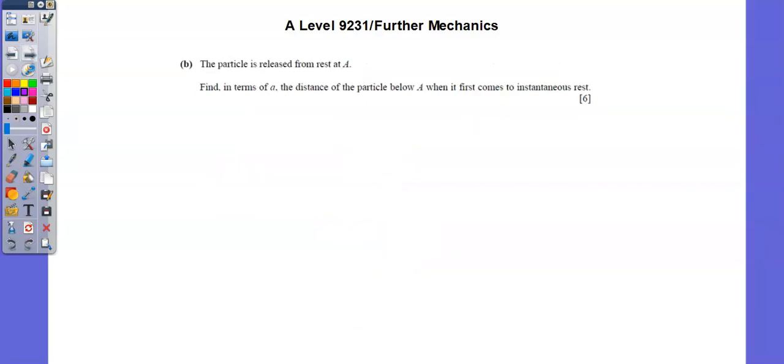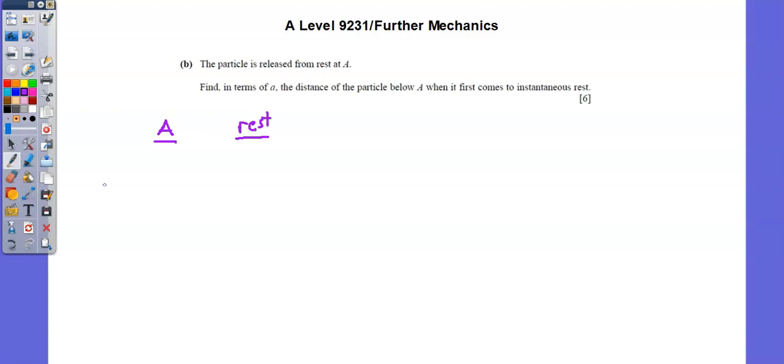Continuing to requirement B, the particle is released from rest at A. Find in terms of alpha the distance of the particle below A when it first comes to instantaneous rest. I'll use the concept of conservation of energy between point A and the point at rest.